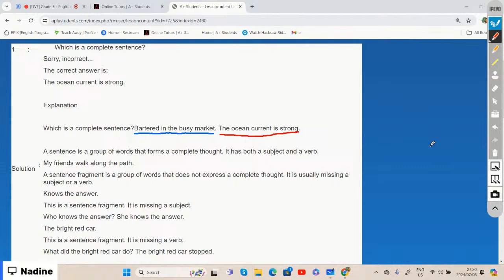So if you look at the two that are underlined, one in blue and one in red, which sentence shows a complete sentence? Remember, a complete sentence has a subject and it has a verb.